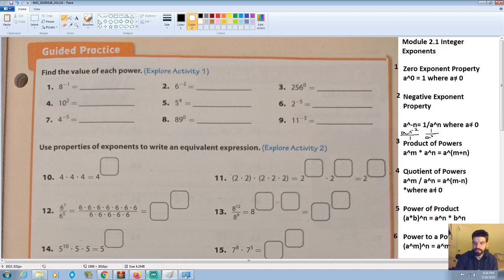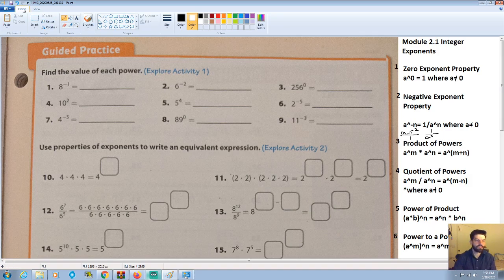Power to a power means that if you have a value taken to an exponent and that term itself is taken to an exponent, then the result is going to be that base to the product of the two exponents. So if it was a to the second, to the third power, it's going to be a to the 2 times 3, or a to the sixth.